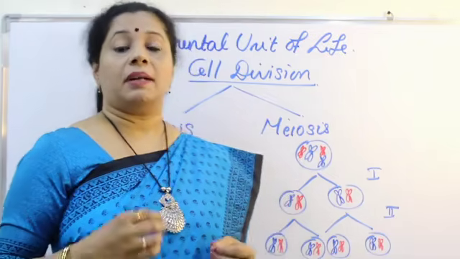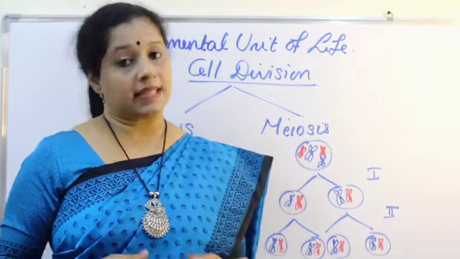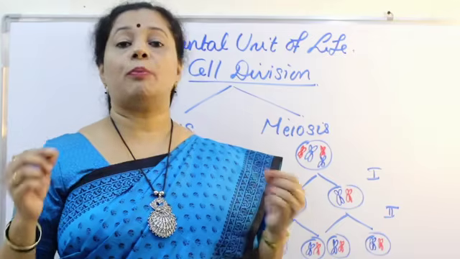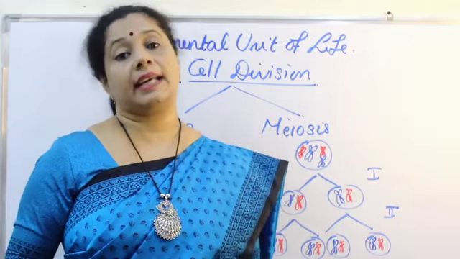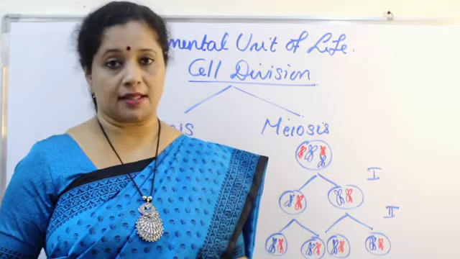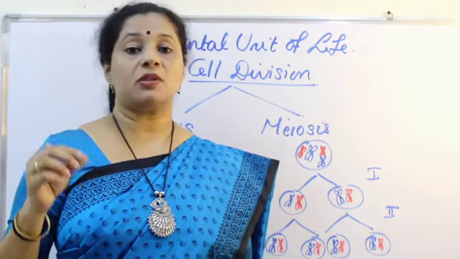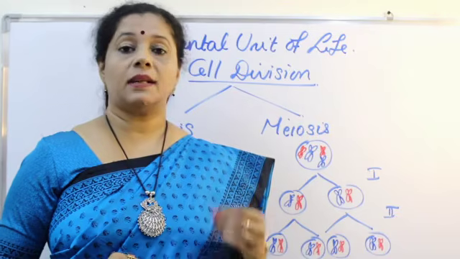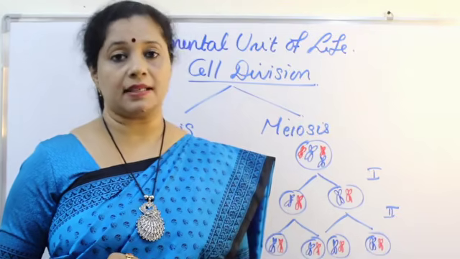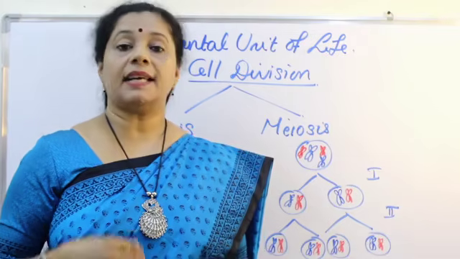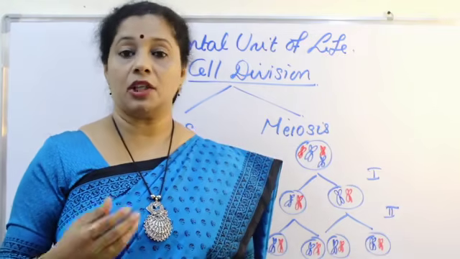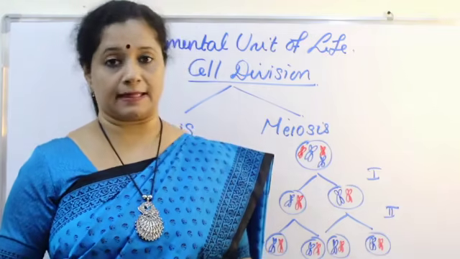Now, when organisms are reproducing sexually, we know that 2 parents are involved. So there are specialized cells called gametes coming from both the parents. So the male gamete produced by the male parent fuses with the female gamete from the female parent to produce a new cell called a zygote. That zygote now divides to form the new offspring or the individuals.